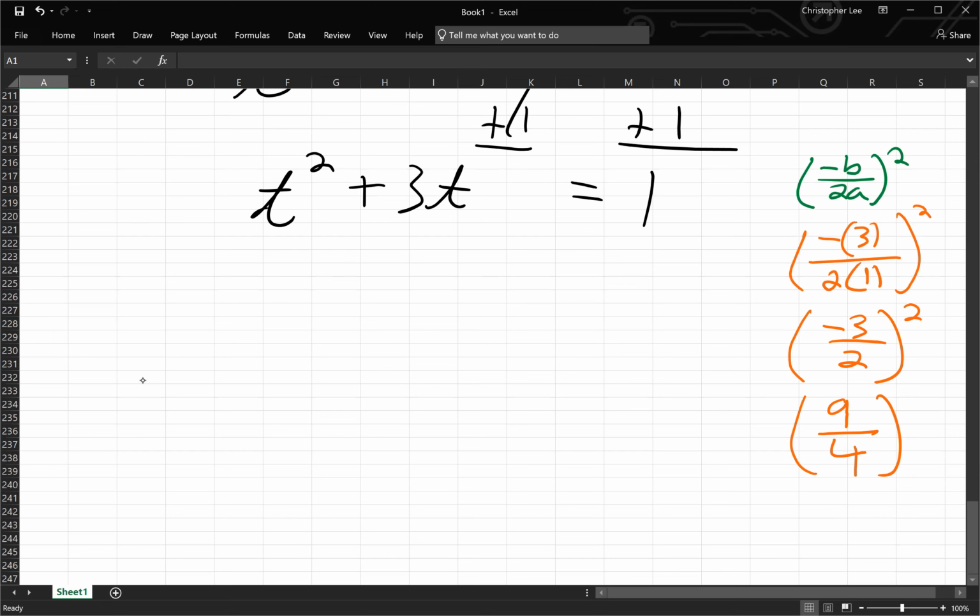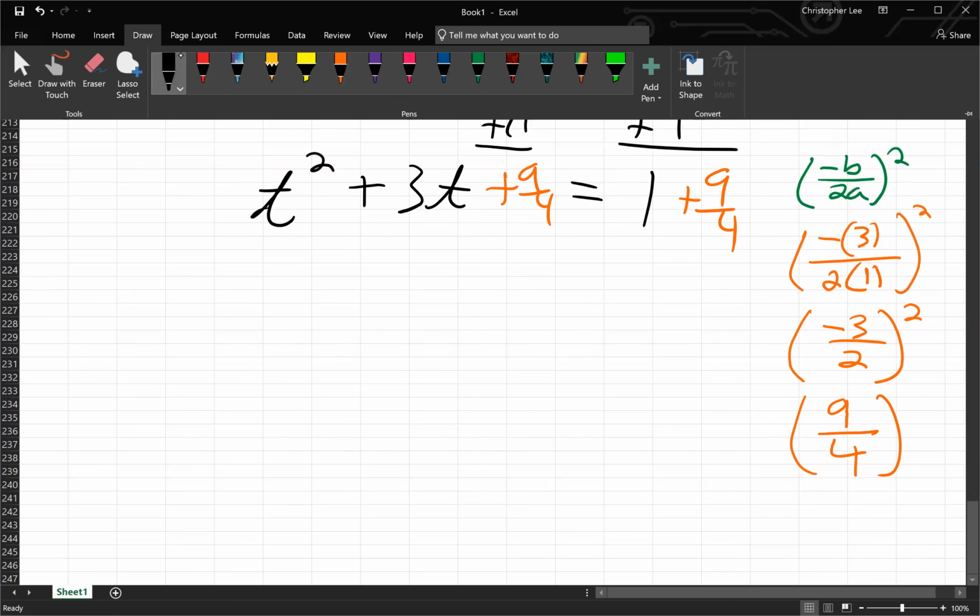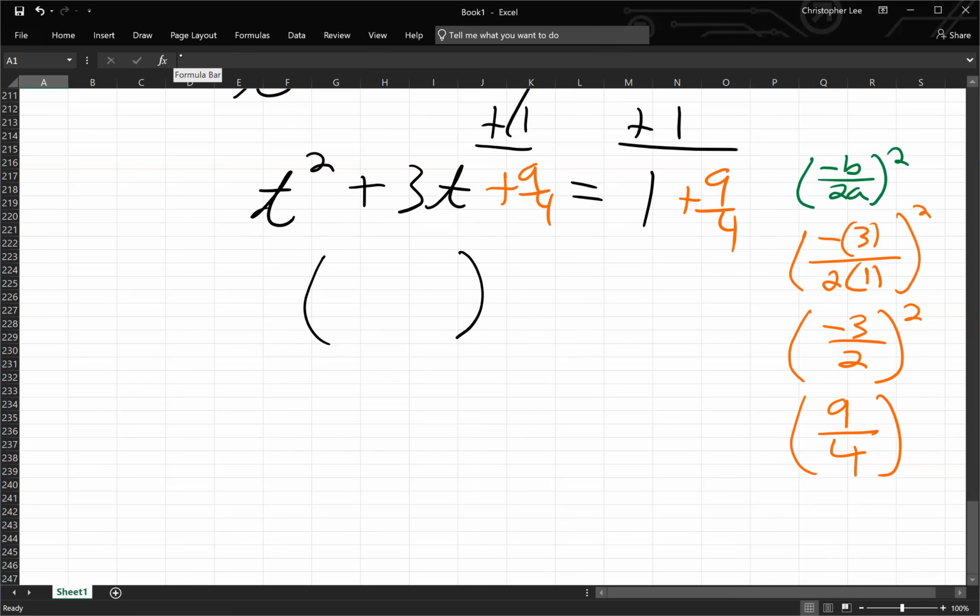And then you want to add that to both sides. And then you factor it. What's that? 13 over 4, because 1 is like 4 over 4, and 9 plus 4 is 13 divided by 4.